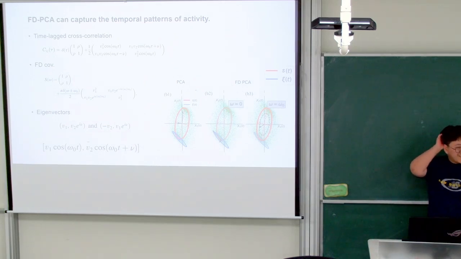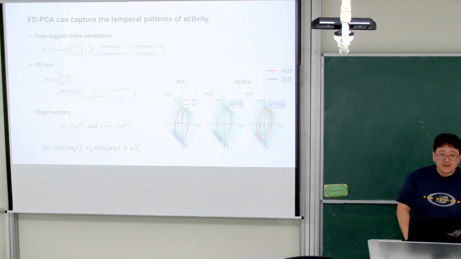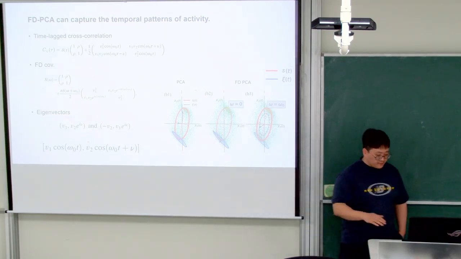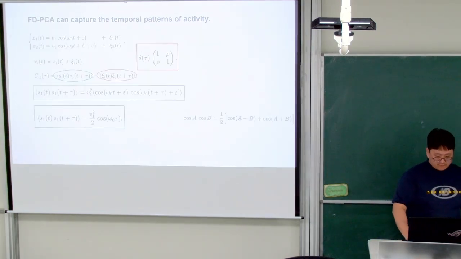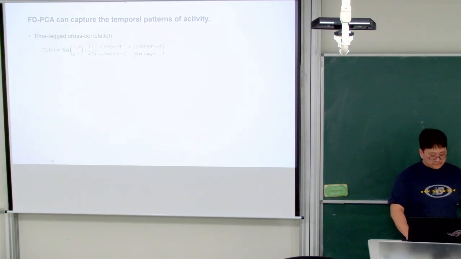Okay, after this, we have to look into this. What is new here? New is the phase shift. We start with two variables. Actually, that is corresponding to this delta. Okay.